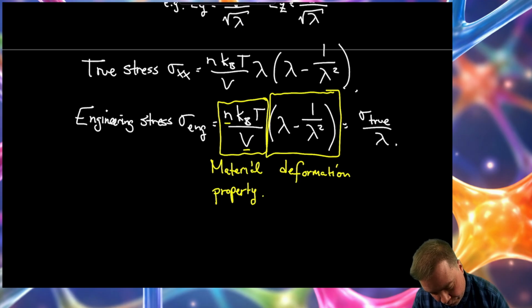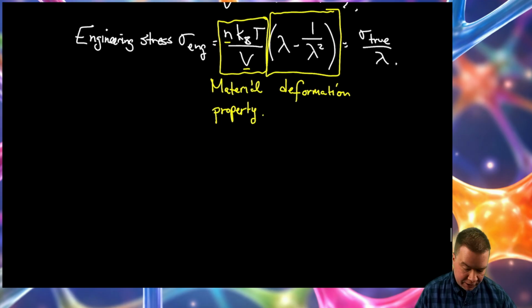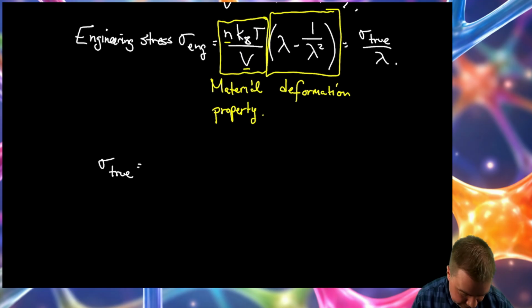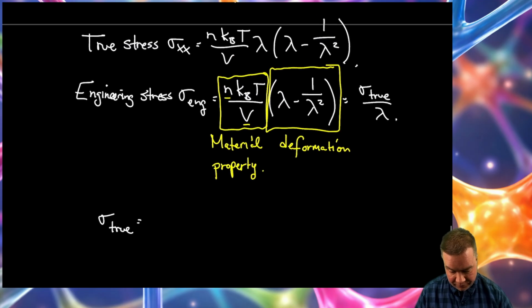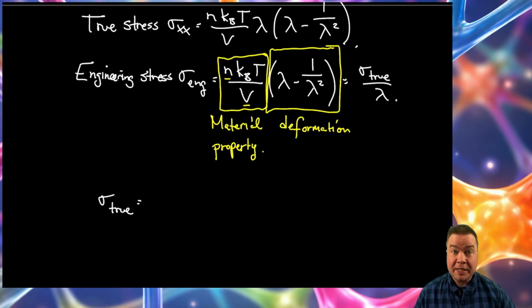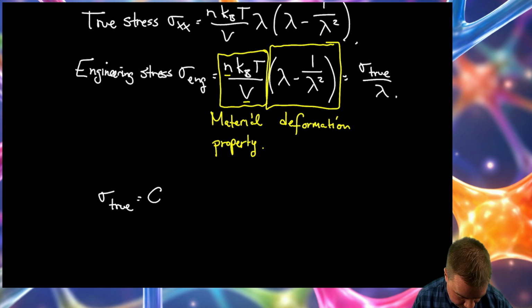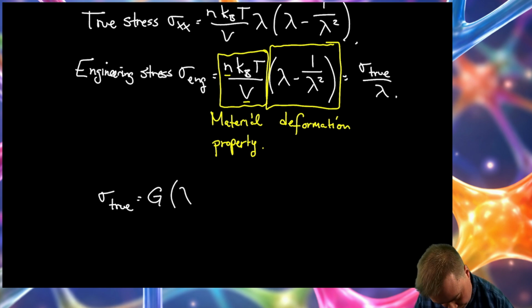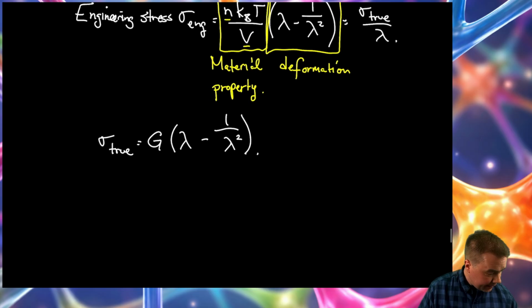And so what I've ended up with by doing this is some expression where the stress is equal to some constant. Notice that this prefactor is the same for both the true stress and the engineering stress, right? So that's a material property. We'll call this G, our shear modulus, and we'll multiply this by lambda minus 1 over lambda squared. Okay, so that's our material property.